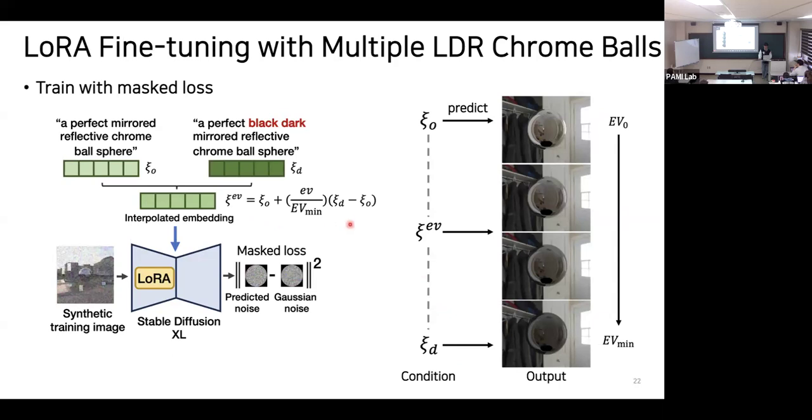So yeah, I just wonder how they got the black one. This one, you mean this white one? Yeah. They just make a pair of this prompt by adding this black dark prompt in this input. And they make a pair with this embedding with this more darkness one.